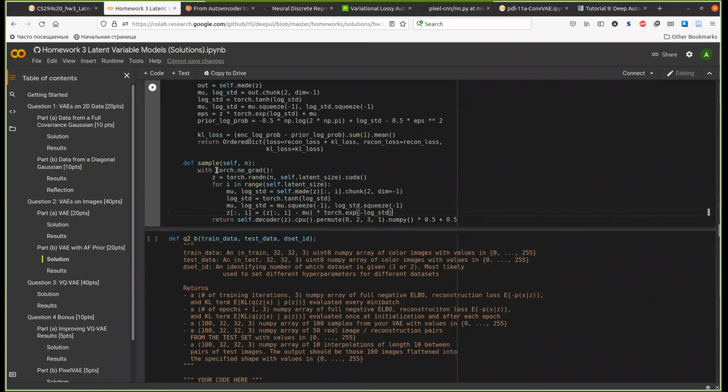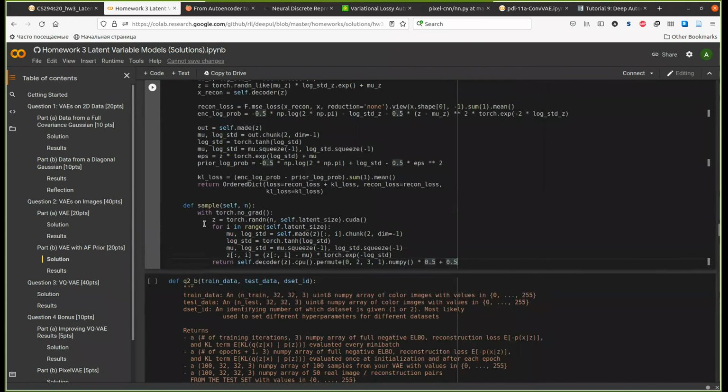We do it for n steps, or for dz steps. Here we call it a latent size. So that is autoregressive sampling, right? We need a previous value to sample the next value, and that is comparatively slow.